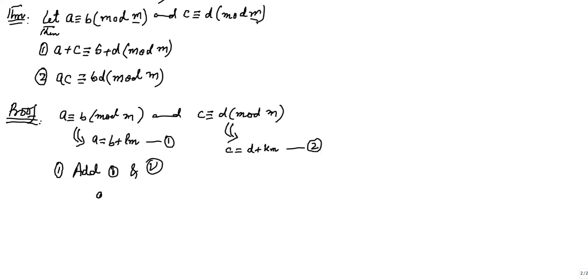So, a plus c is equal to b plus d, and we add the second terms. So, m is common from there. So, you can write l plus k times m, and l plus k is another integer.